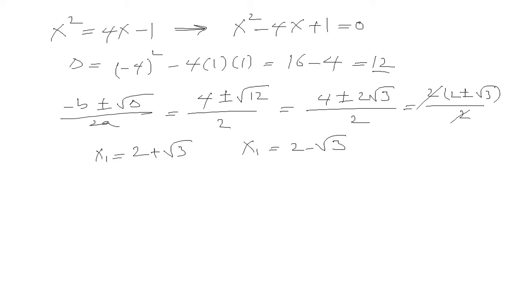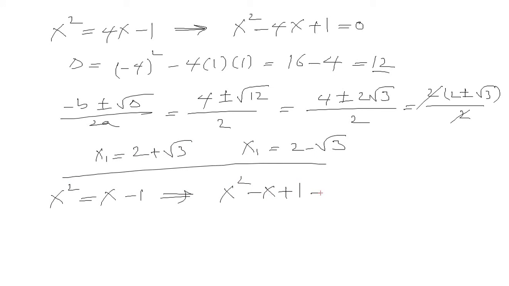Another thing that can happen is that you may get a negative delta. For example, x squared equals x minus 1. If I write this in standard form, I get x squared minus x plus 1 equals 0, and delta is minus 1 to the power of 2 minus 4ac, giving me 1 minus 4, or minus 3.